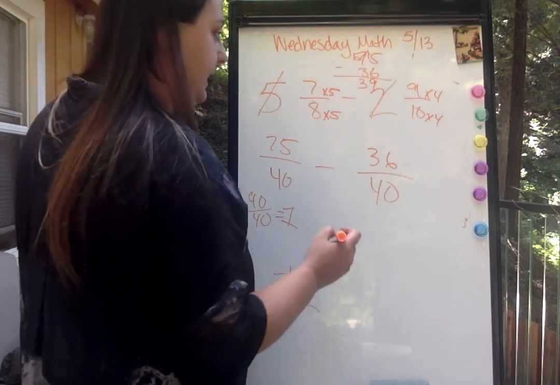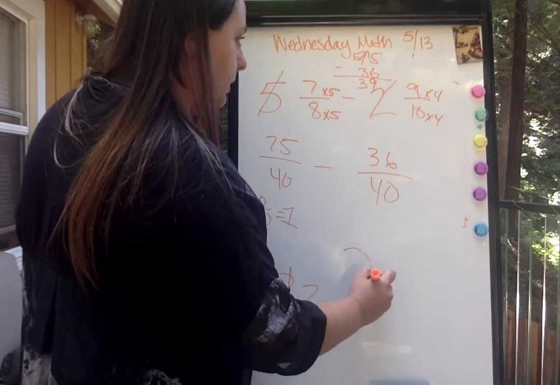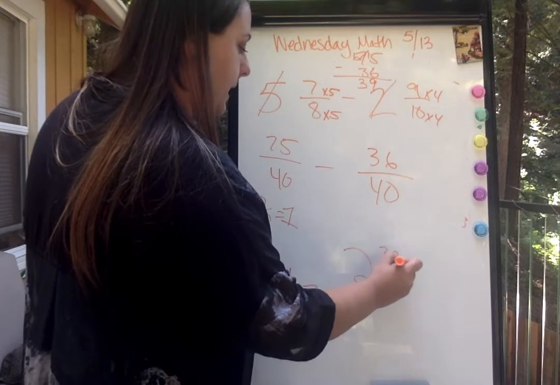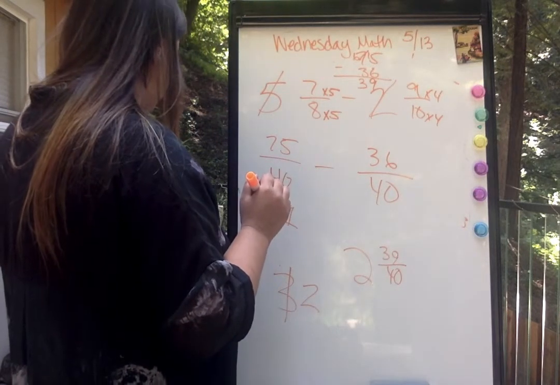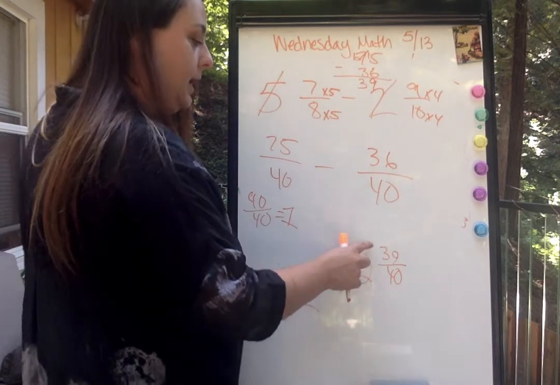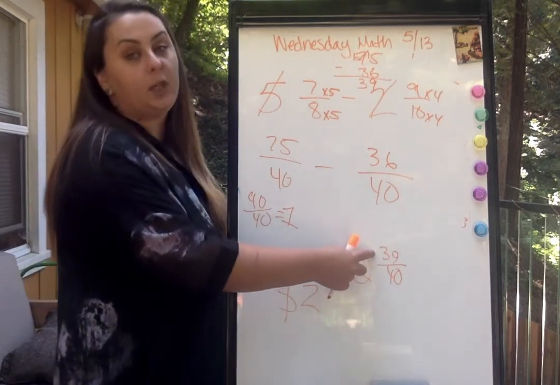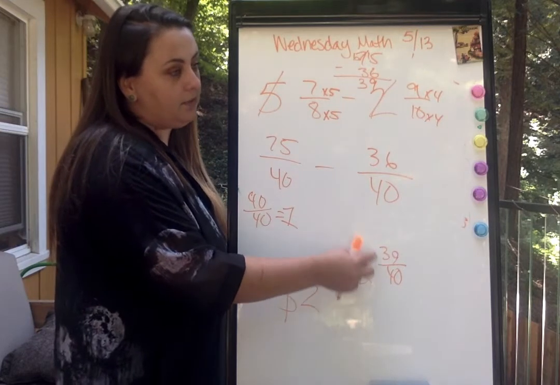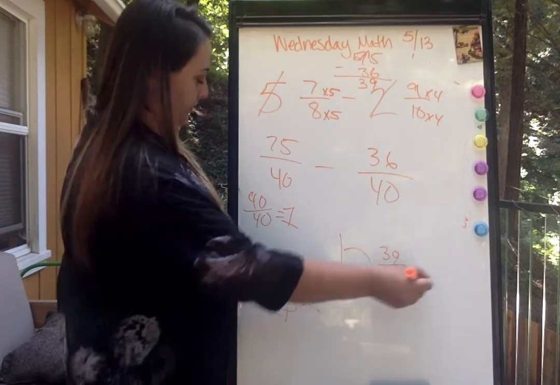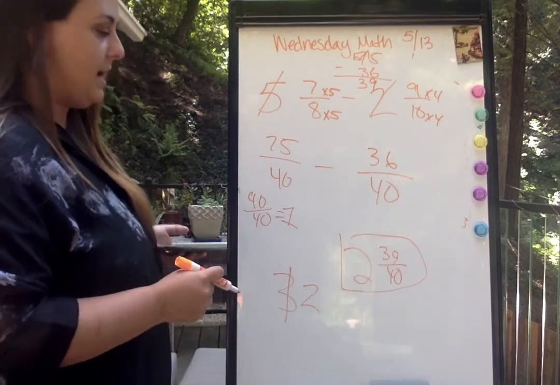So that's going to leave me with 2 and 39/40ths. And I'm thinking 2 doesn't go into 39, 3 doesn't go into 40. They don't end in 5 or zeros. So that's going to be my final answer.